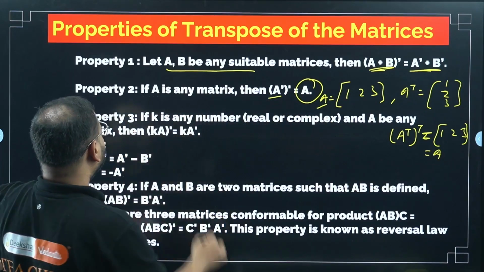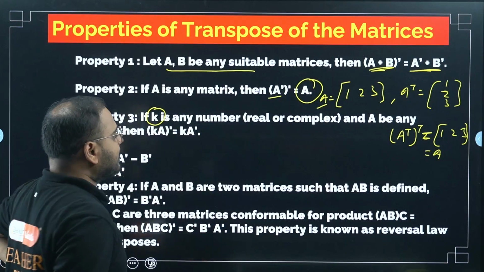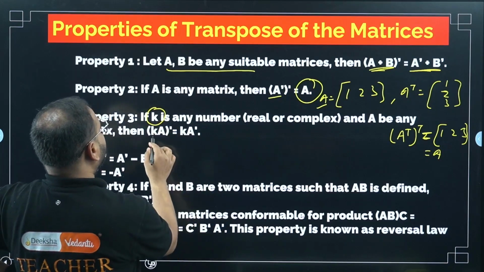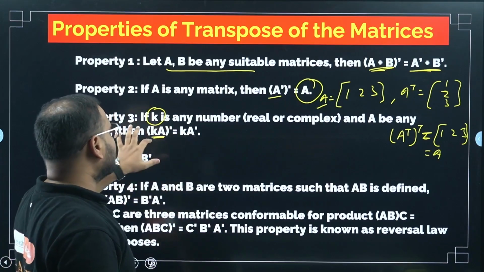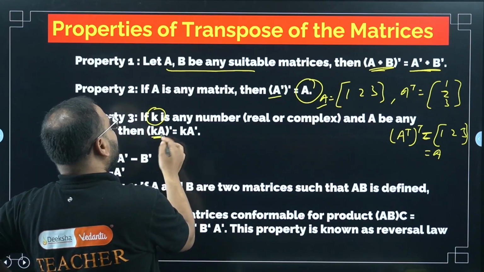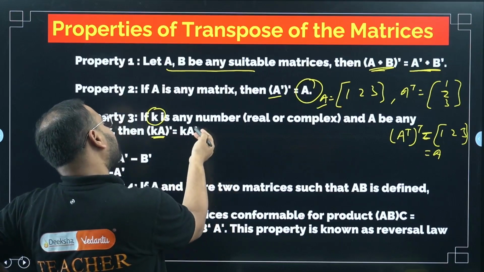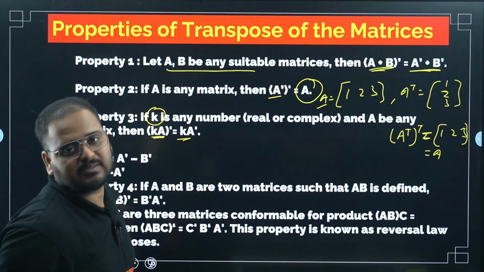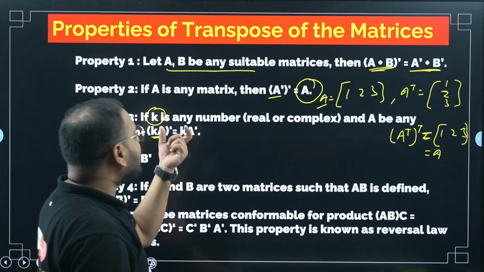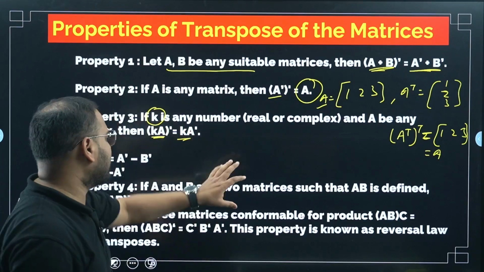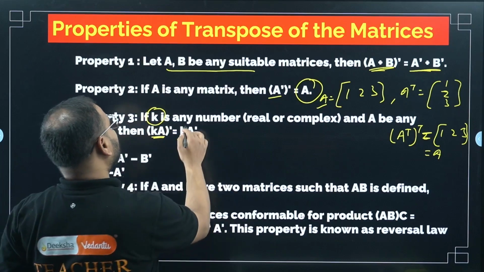Okay. Now if I have any number k, real or complex, multiplied to the matrix, taking it out does not change anything. So whether you write transpose of kA or take k out and write it as k times A transpose. Because k is not a matrix, it is a number which is multiplied to the matrix, I can take the k out and write simply the transpose.